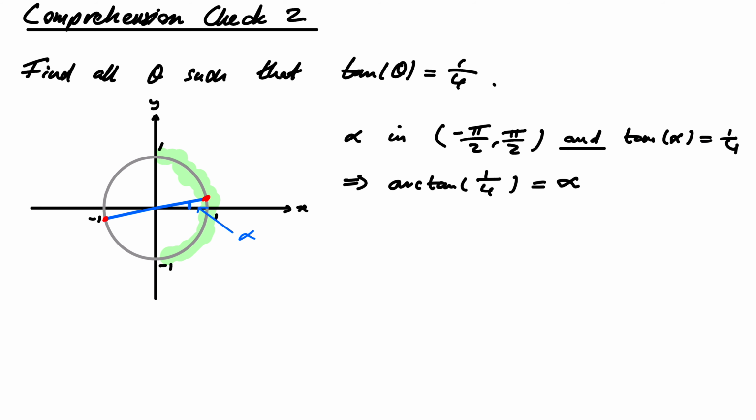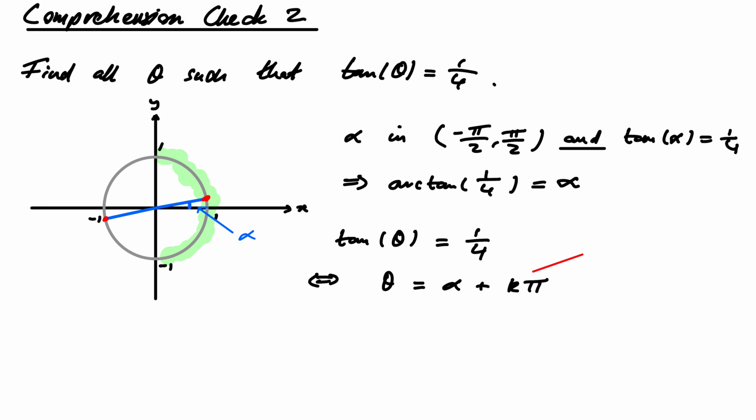So then what? Well, now I need to describe every other position that could give tan of theta is equal to a quarter. And that's same as before. It's all half revolutions away from alpha. So tan of theta is equal to a quarter if and only if theta is equal to alpha plus some integer number of half revolutions.